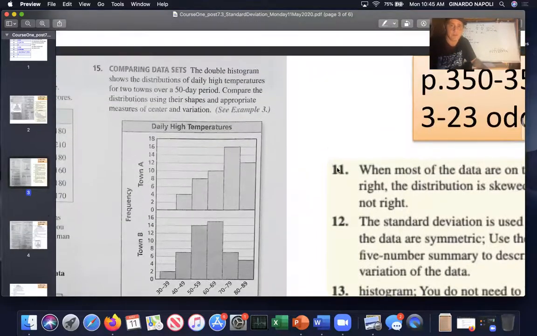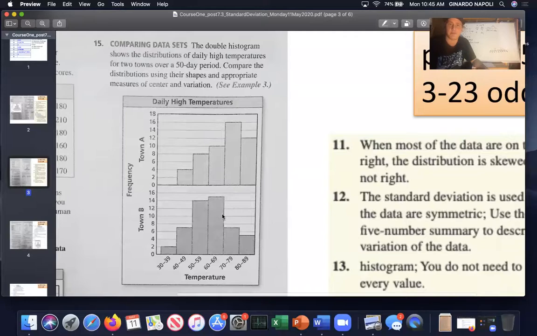Okay, and then 15, notice when you compare these, right, it looks like for town A, most of the data is in the 70s and 80s, whereas in town B, most of the data is in the 50s and 60s.